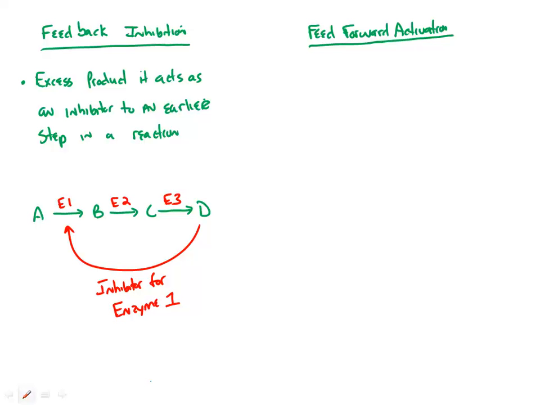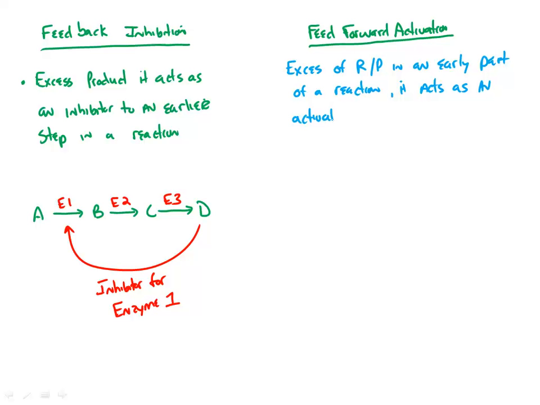Okay. Feed forward activation is the exact same way. It basically says that if I have an excess of reactants or products in an early part of the reaction, it acts as an activator for a later step.